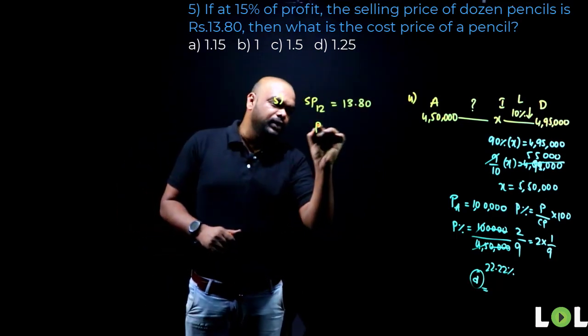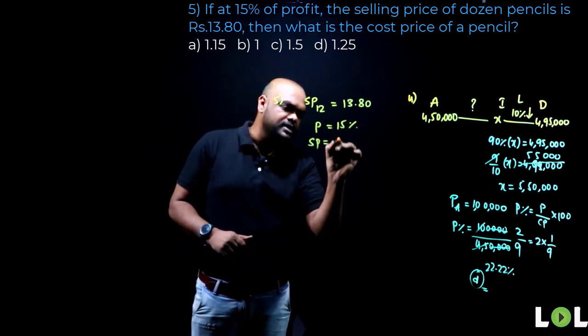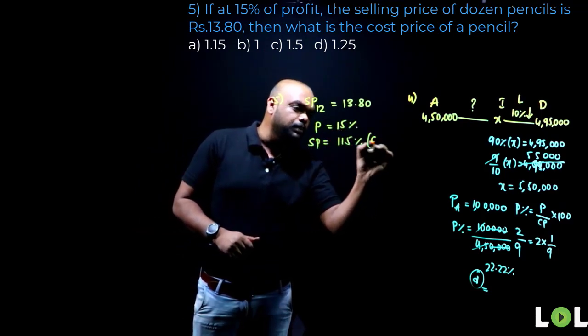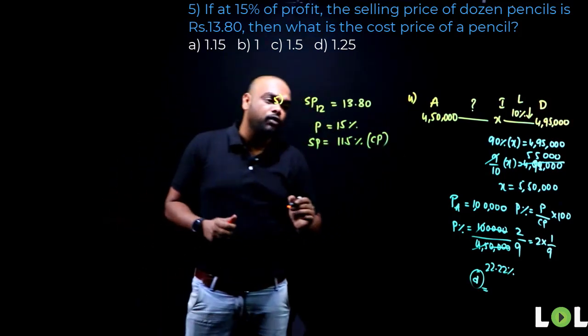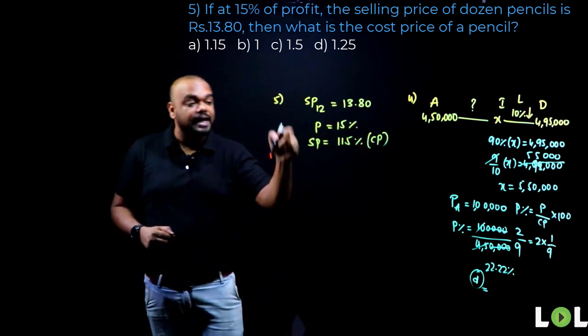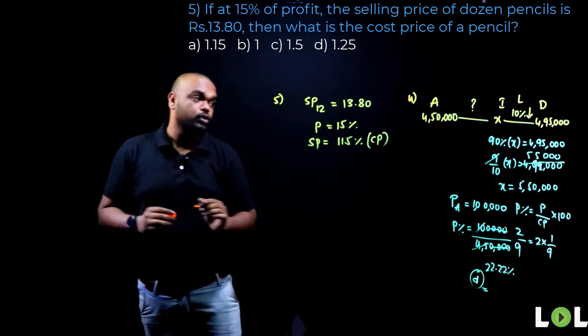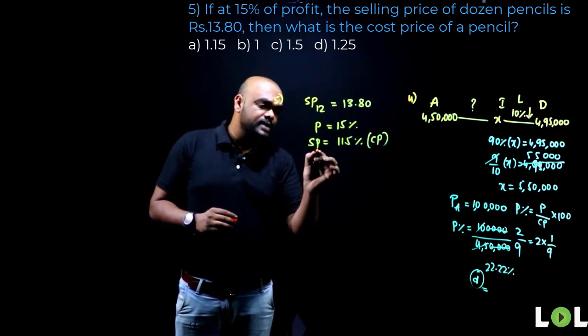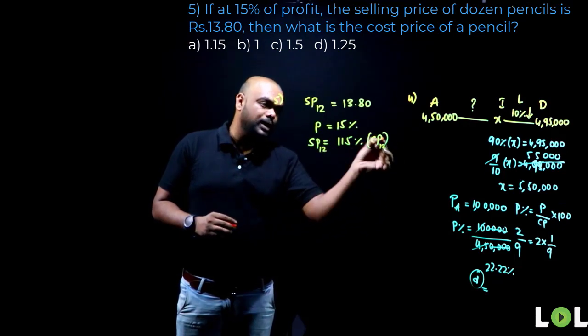Now, profit is 15% means you must know the relationship: SP is equal to 115% of cost price. Why? If you are making 15% profit, it means you are increasing the cost price by 15% and then selling. That's why selling price equals 115% of cost price. Now, this is selling price of 12, cost price of 12.